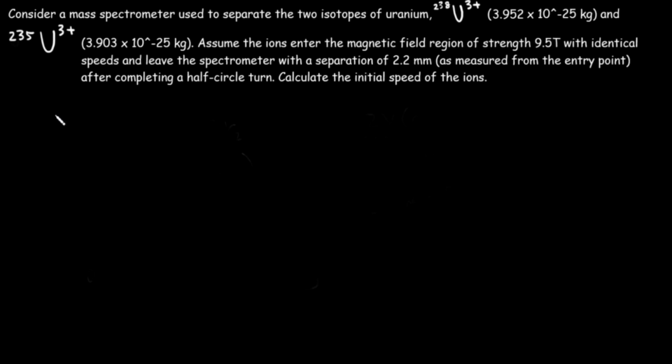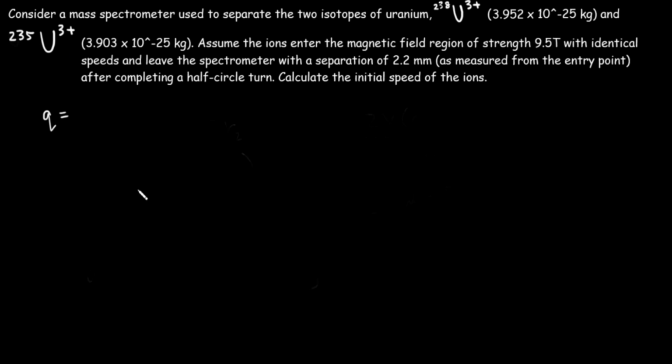So, if you see the 3 plus on the right of the uranium, that's telling you the charge. And essentially what this means, the plus means the charge of a proton, which is always going to be 1.6 times 10 to the power of negative 19. But in this case, we have 3 in front of it. So that means we have to multiply that by 3.